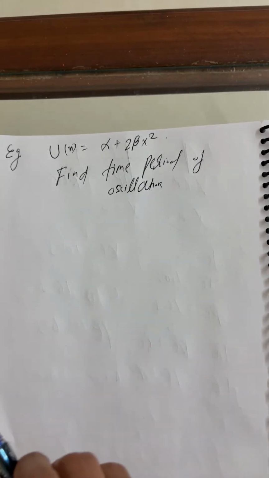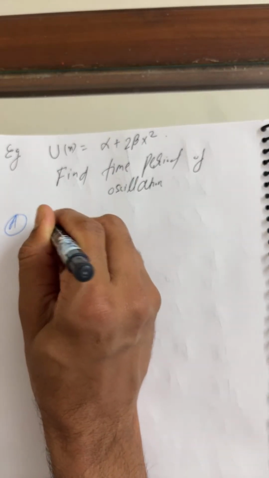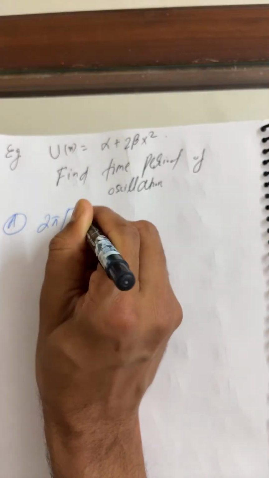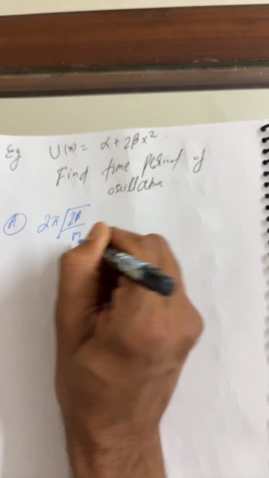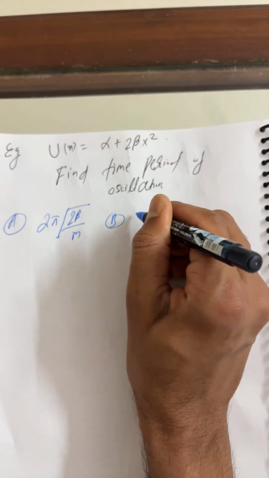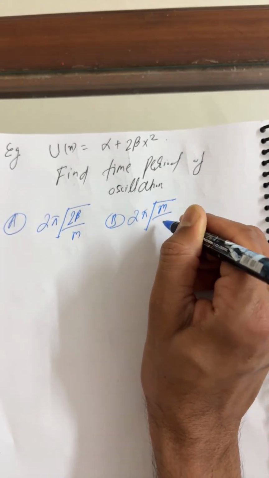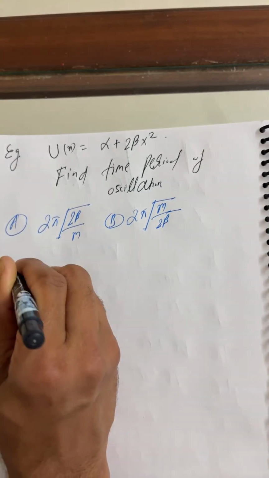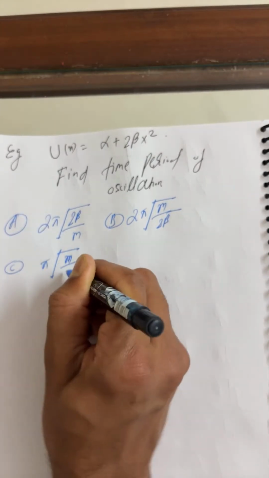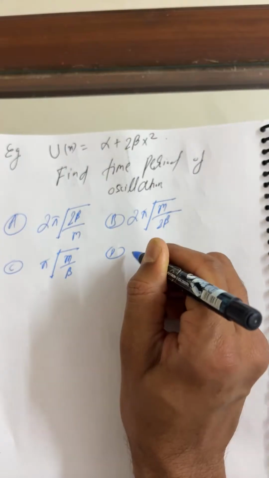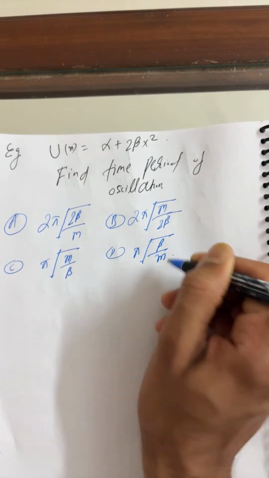So we'll just go through this questionnaire. Okay, I'll write the options once. The options are: 2 pi root of 2 beta upon m; 2 pi root of m upon 2 beta; pi root of m upon beta; and the last option, root of beta upon m.